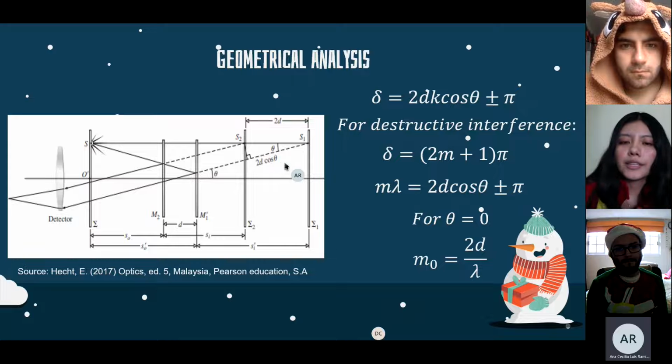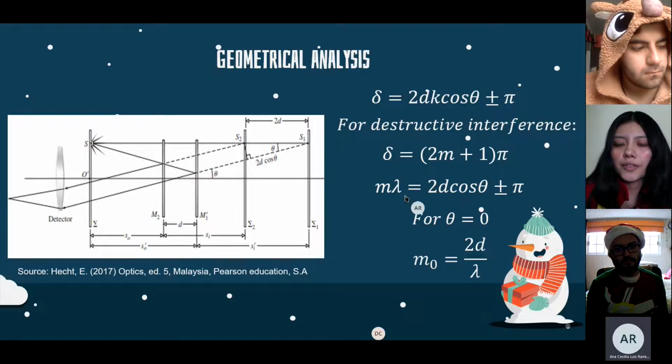Then to make this our phase difference, we're going to multiply by k and also add this phase shift of pi that my partner mentioned earlier. So for our destructive interference conditions, we have the same condition as always. Just substituting this equation and this equation, we can solve for the condition for destructive interference.